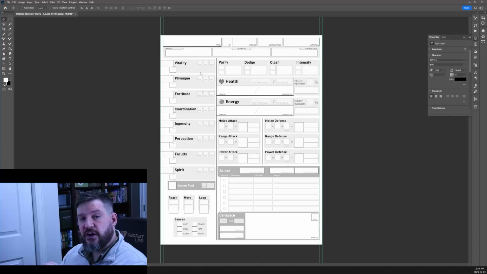Whereas physique is very anaerobic. Physique is about strength. It's about raw power. It's about tone. It's about definition. And so by definition, physique tends, at least in humans, to produce high damage, whereas vitality produces high health.